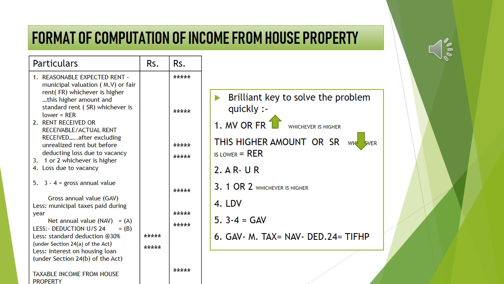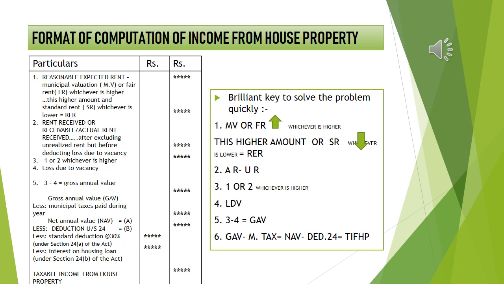Then see in the format, second, rent received or receivable, that is actual rent received after excluding unrealized rent but before deducting loss due to vacancy. Then third, first or second, whichever is higher. Then fourth, loss due to vacancy.